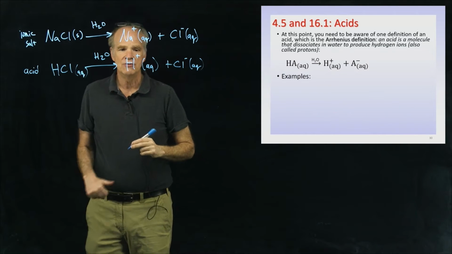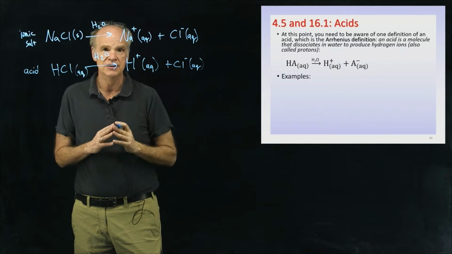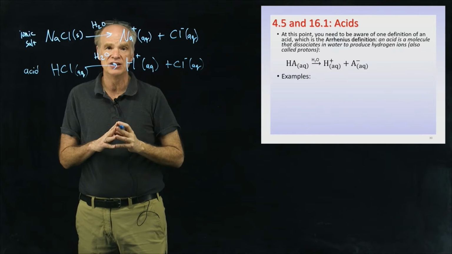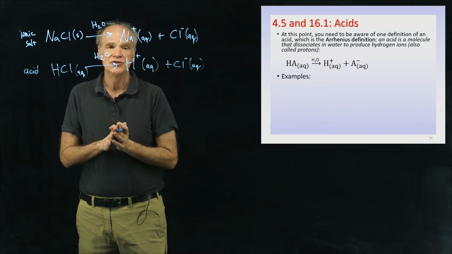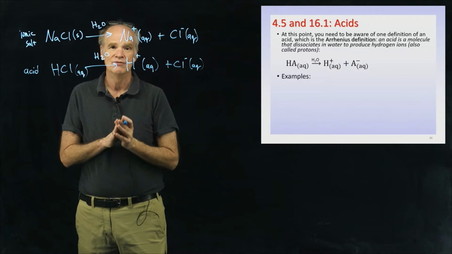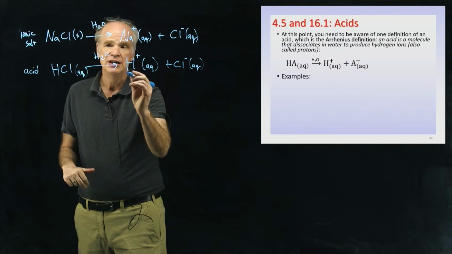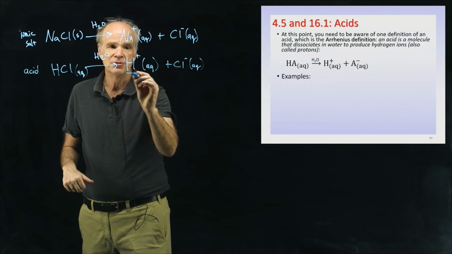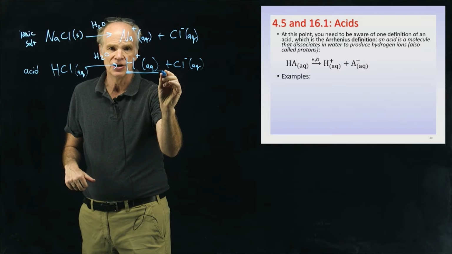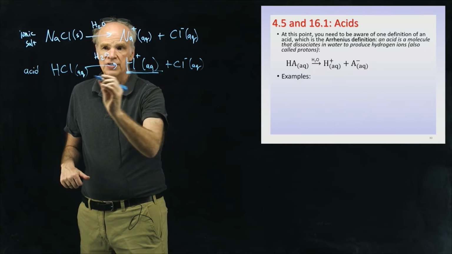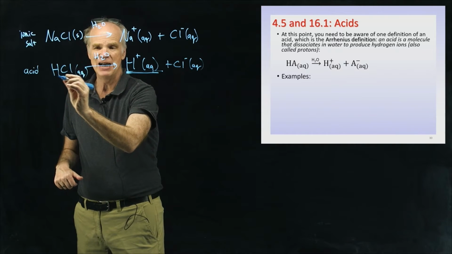Okay. Now, one thing you can see is why one of the definitions of an acid is a molecule that when dissolved in water dissociates into hydrogen ions. Here, this is an acid because you're producing hydrogen ions. So where do they come from? Well, they came from the hydrogen that's bound to the chlorine.